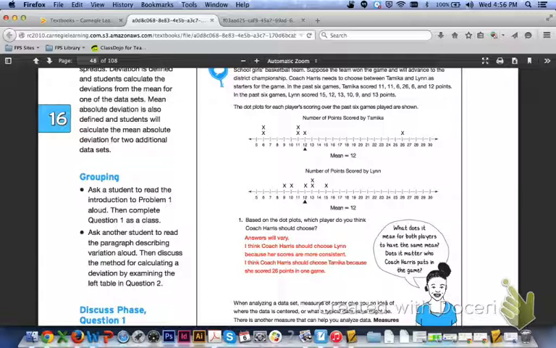So she's a little less consistent. So you kind of have to decide as a coach, do you want the more consistent player or the player who can potentially score 26 points? That's one of the things you have to factor in as you're making important decisions like that.